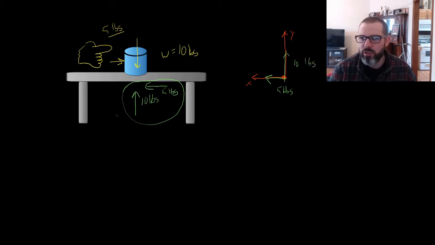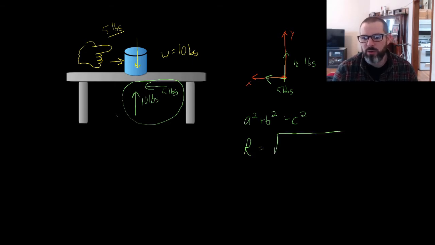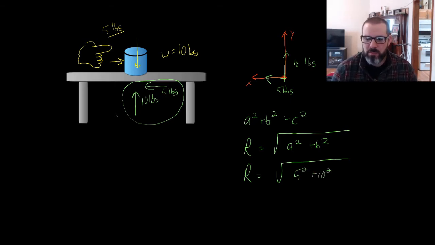If I want to know what the resultant force is, all I need to do is Pythagorean theorem, which says a squared plus b squared equals c squared. To find the resultant, I'm just going to say the resultant is equal to the square root of a squared plus b squared, which is going to be the square root of 5 squared plus 10 squared. And this will give me a resultant force equal to 11.8 pounds.